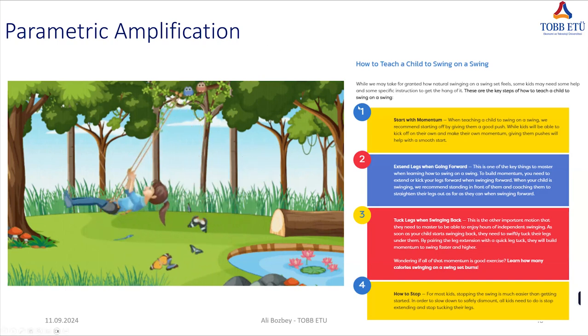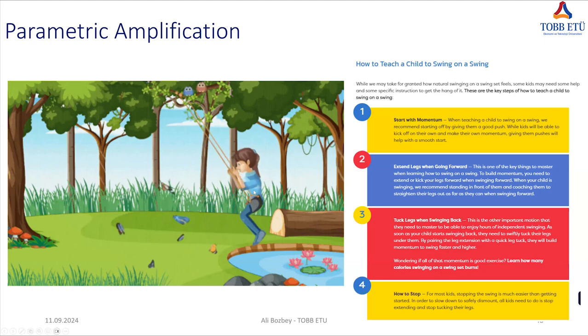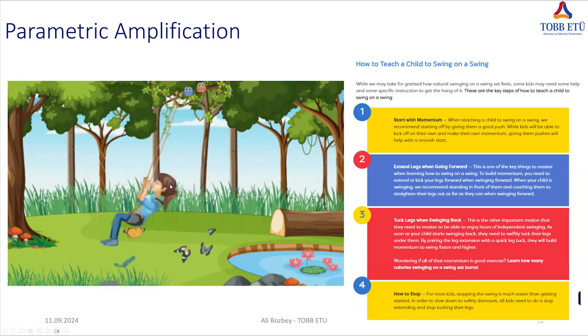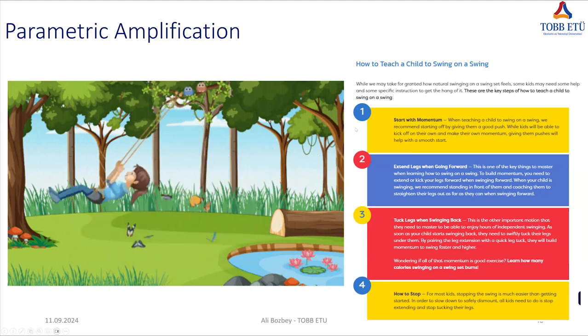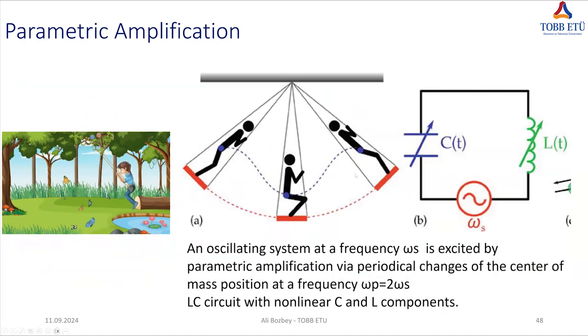We all know parametric amplification from our childhood. This is like a swing. When you are at the top of the swing, you push. Then on the other side, you push again. And then you increase your swing amount.